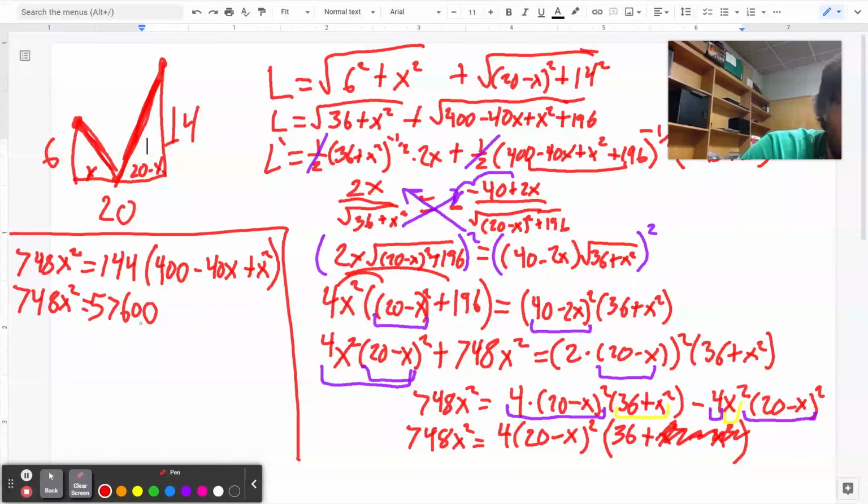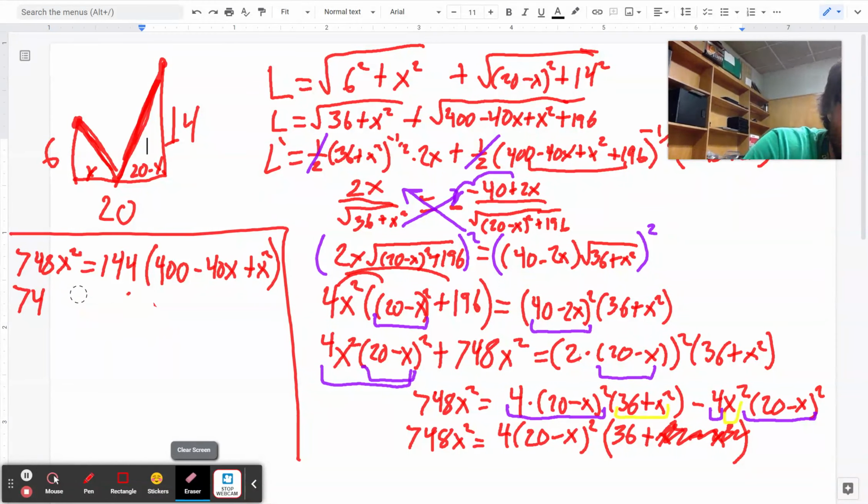Let's see. There must be an easier way. Let me backtrack here. 748 and 144, I bet I could divide them both by something. Let's see. 748 divided by 2 divided by 2.